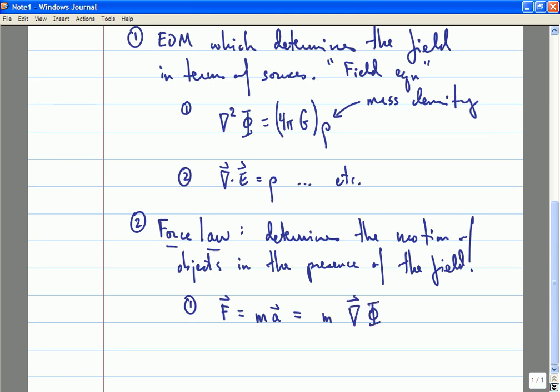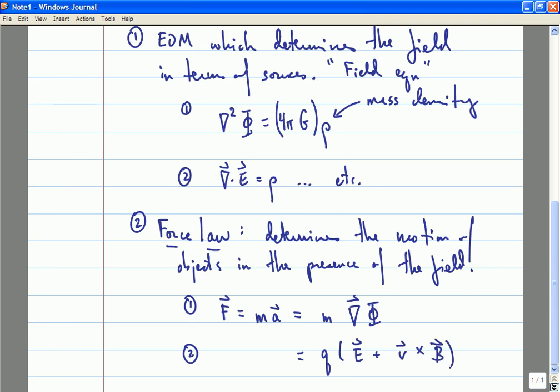So this is the usual 1 over r squared force law for Newtonian gravity. Or, in the case of electromagnetism, the force on a particle due to the presence of an electromagnetic field is given by the Lorentz force law. So the force is proportional to the charge of the particle times the electric field, plus, if the particle has some velocity, v cross B.